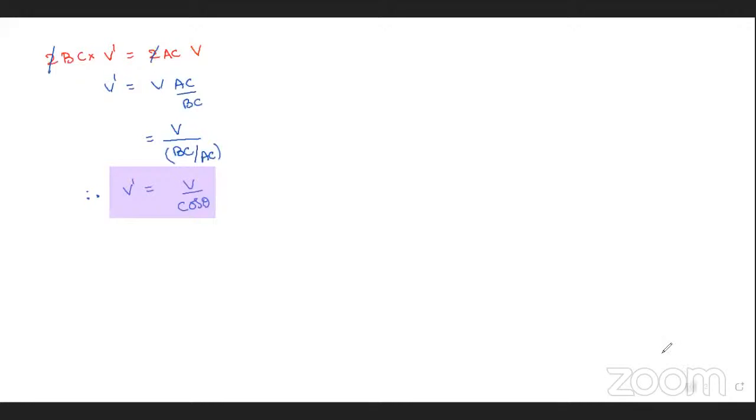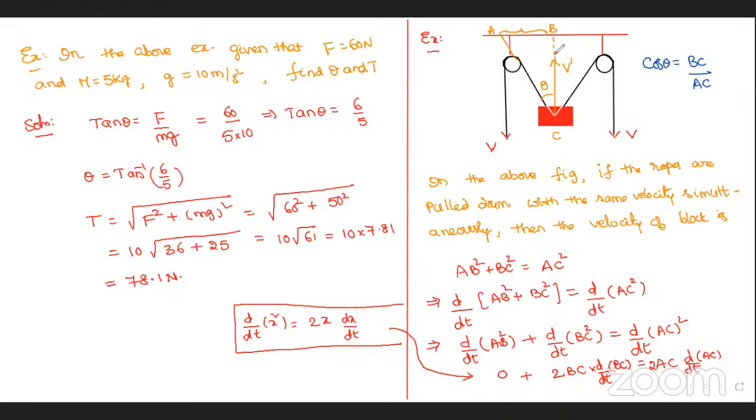See here, if you resolve V dash into two components, you will get V dash cos theta, and that V dash cos theta is equal to V, you are saying. Then V dash is equal to V by cos theta. What about the other side in your explanation? That is not you.